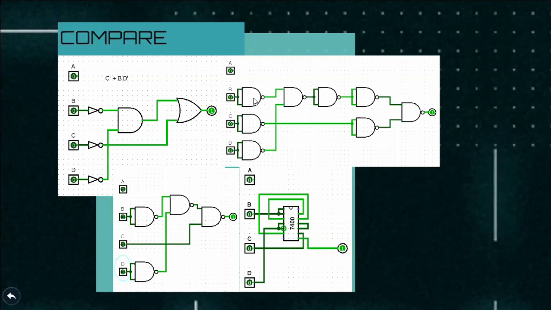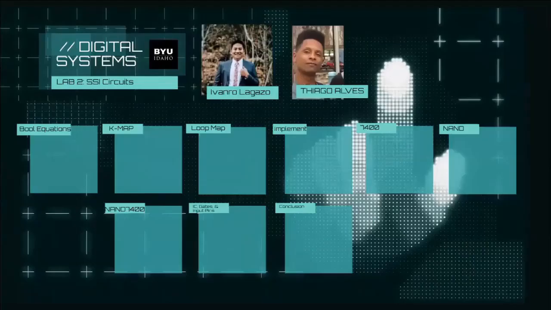And with visualizing this circuit, we noticed that we could simplify it and have the simplified version using only 4 of those gates. And this integrated circuit 7400 happens to have 4 gates. So we were able to implement it using NAND gates.